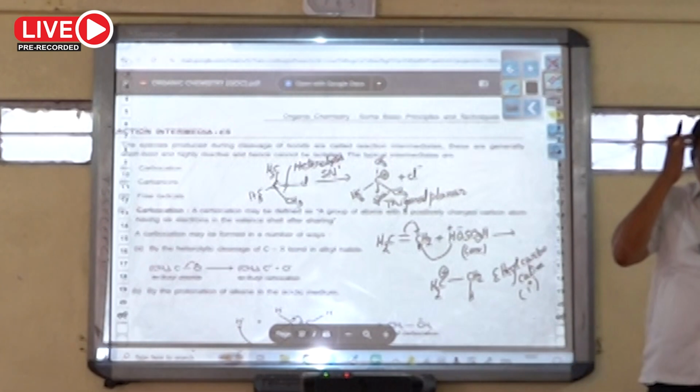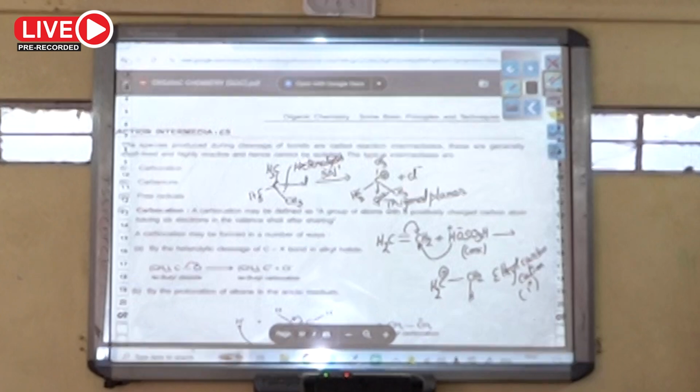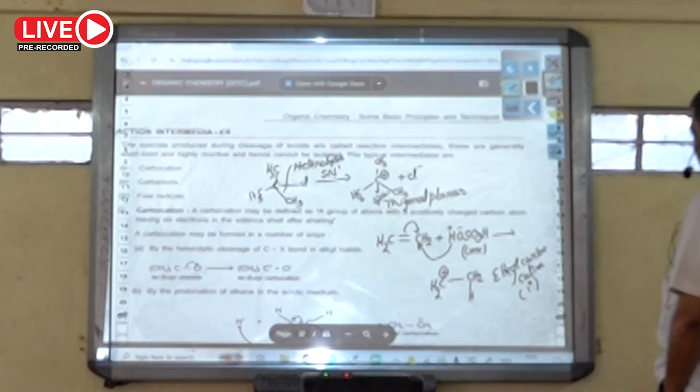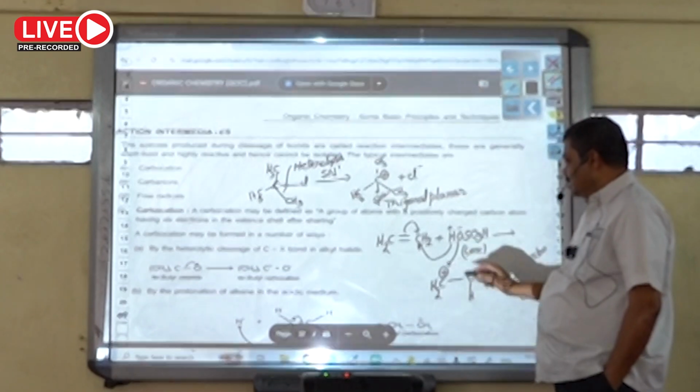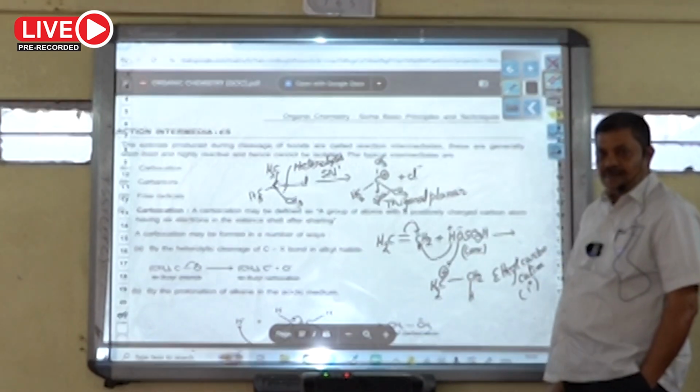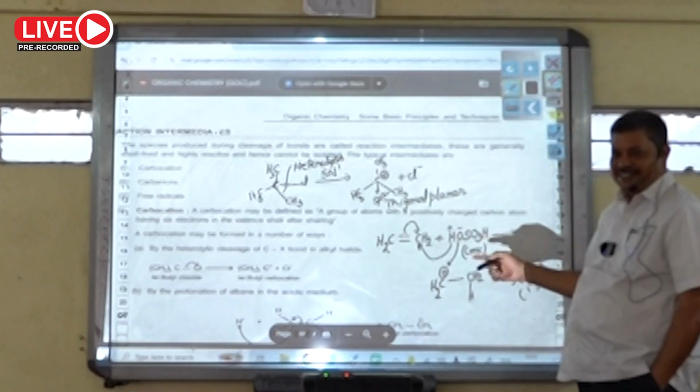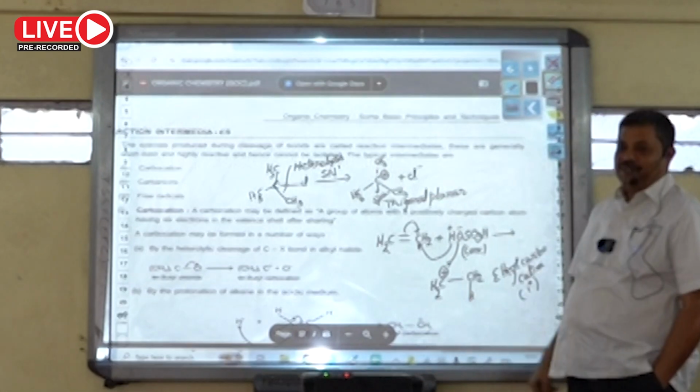Now, this carbocation which is generated when alkene is passed through concentrated sulfuric acid is not happy because it is bearing a positive charge. Then the HSO4 minus says, don't worry, I am coming to you, because you are bearing positive charge and I am having the negative charge. I will come and attack you.